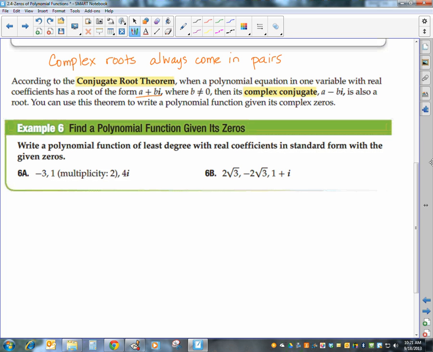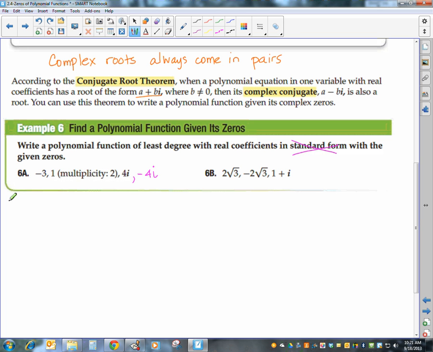So when you look at this first example, write a polynomial function of the least degree with real coefficients in standard form. We're not going to put it all the way in standard form with the given zeros. They told me that I have negative 3, 1 with a multiplicity of 2, and 4i. So according to my conjugate root theorem, if I have 4i, then I also have negative 4i.